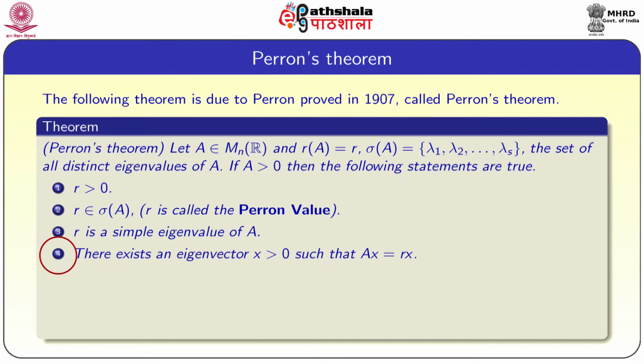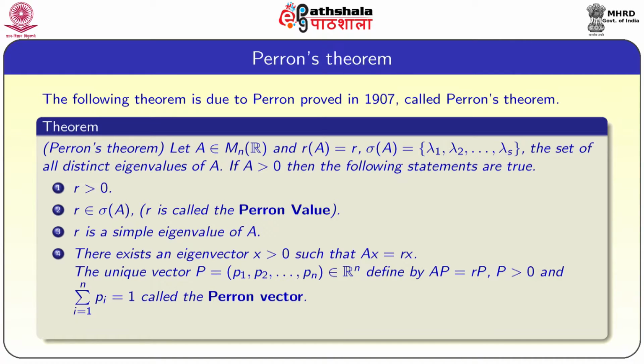There exists an eigenvector x greater than 0 such that Ax equal to rx. The unique vector p = (p_1, p_2, and so on, p_n) belonging to R^n defined by Ap = rp, p greater than 0, and satisfying the summation of p_i for i equal to 1 to n equal to 1, that is, this p is a unit vector, is called a Perron vector.